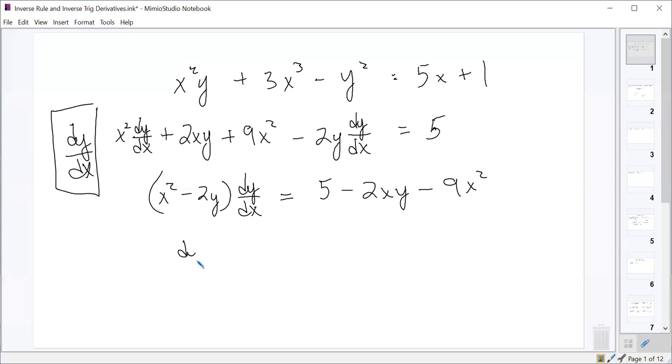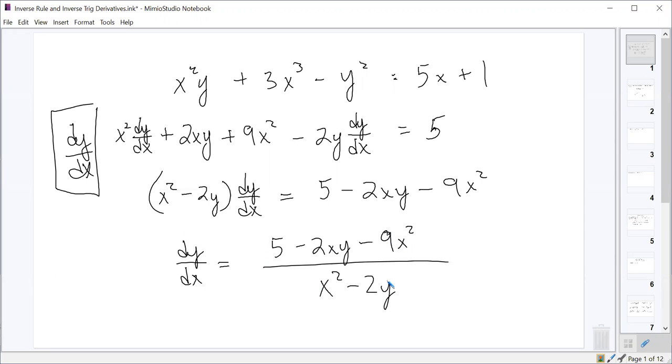And so then we just divide and get 5 minus 2xy minus 9x squared over x squared minus 2y. Good or no? Yeah, thank you. No problem.